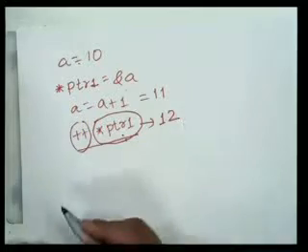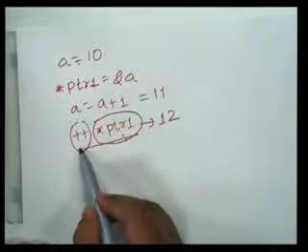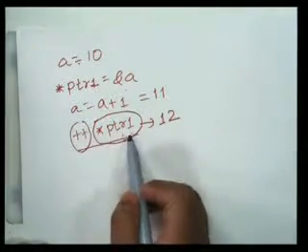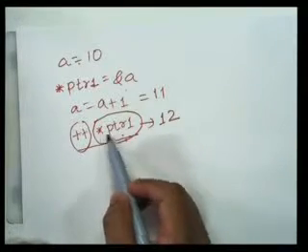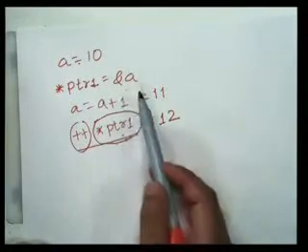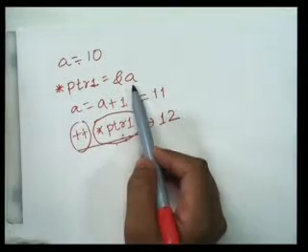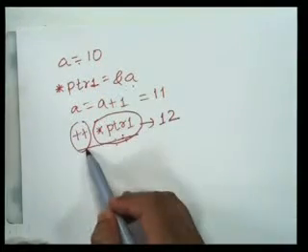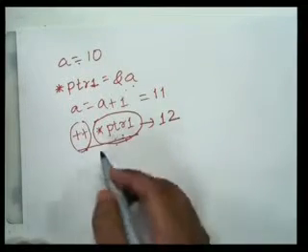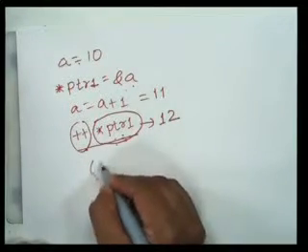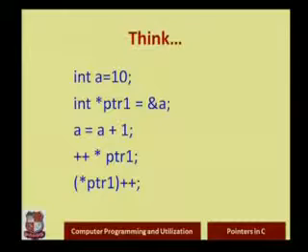So it becomes 12. Once again, when I write ++*ptr1, the value at the memory location pointed to by ptr1, that is our variable a, will be incremented by 1. Again, in the next line we have (*ptr1)++.